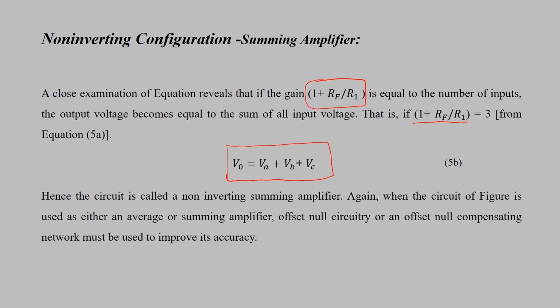Hence, the circuit is also called a non-inverting summing amplifier. So when the circuit in the figure above is used as an average or summing amplifier, the offset null circuitry or offset null compensating networks improve its accuracy further.